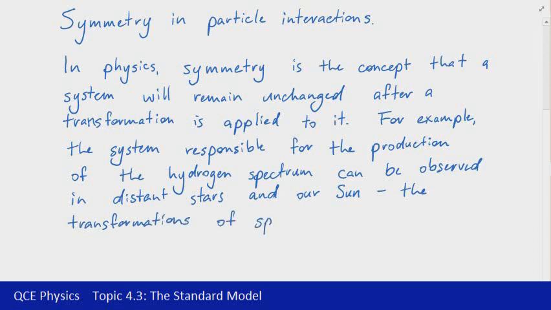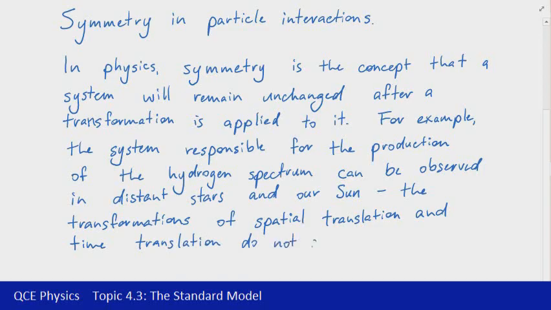so that means moving through space, and our sun is in a very different part of space to other distant stars. And secondly, the time translation, so the fact that what we're seeing from distant stars is from a long time ago, they don't actually change the system.